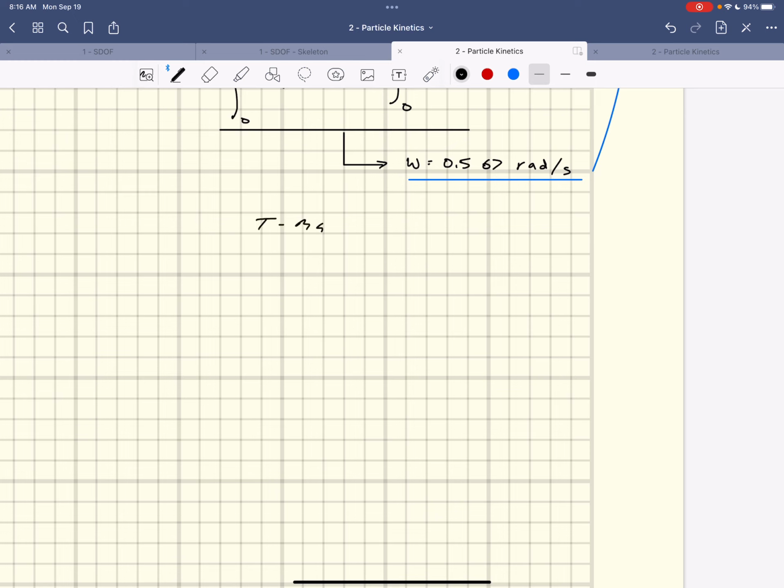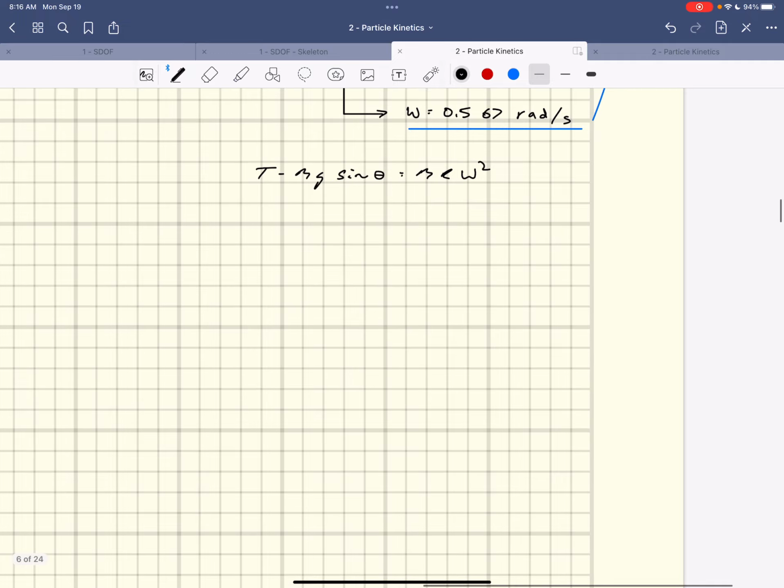T minus mg sine theta is equal to mr omega squared. We'll plug in all the things that we have here. T is equal to mr omega squared plus mg sine theta. T is equal to the mass. It's 1,000 pounds of people, so we have to divide that by gravity, so this is divided by 32.2.